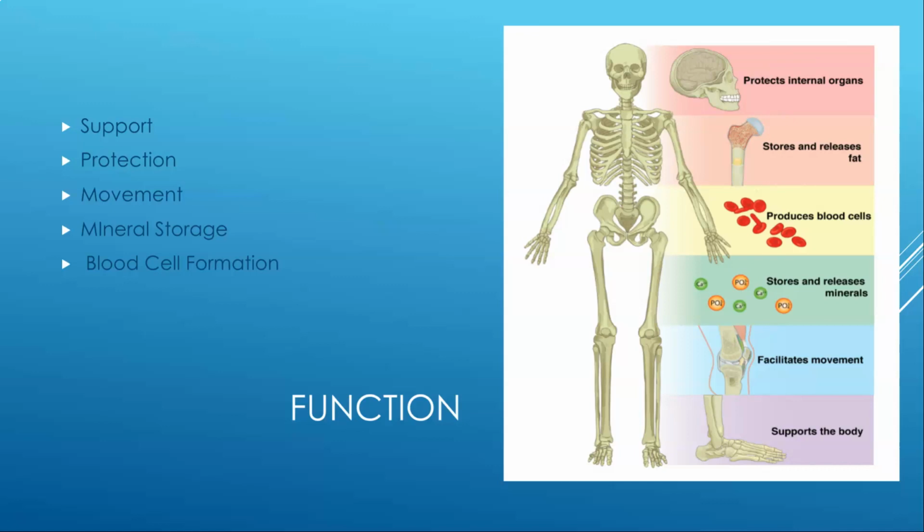Right. It helps with protection. Like the rib cage will help keep the lungs and the heart from being hurt on impact and whatnot. So you get some protection, movement. Right, the bones offer the framework for you to move in conjunction with muscles.